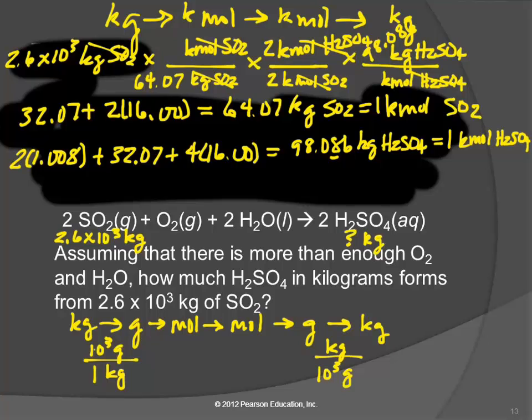Okay, now if we can read my handwriting. Don't forget how to use scientific notation. 2.6 EE3 times 1 divided by 64.07 times 2 divided by 2 times 98.086 equals.